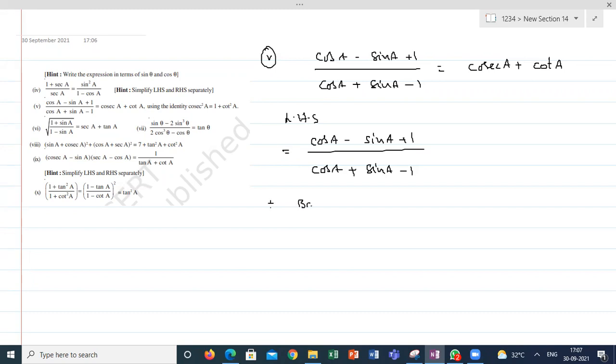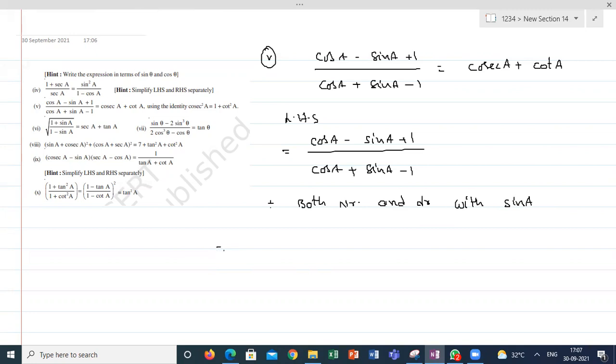Divide both numerator and denominator by sin A, because the RHS has cosecant and cot. That's the reason I'm dividing by sin, because cos by sin is cot, sin by sin is 1, and 1 by sin is cosecant.